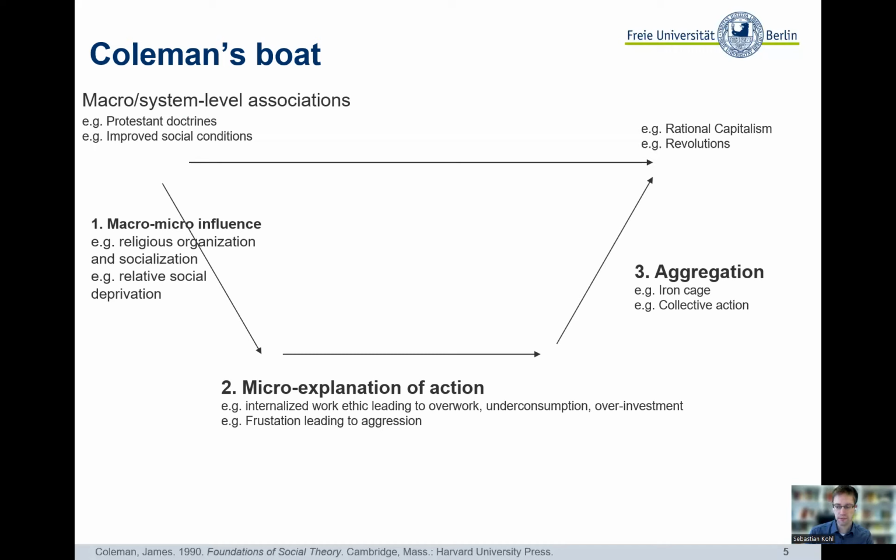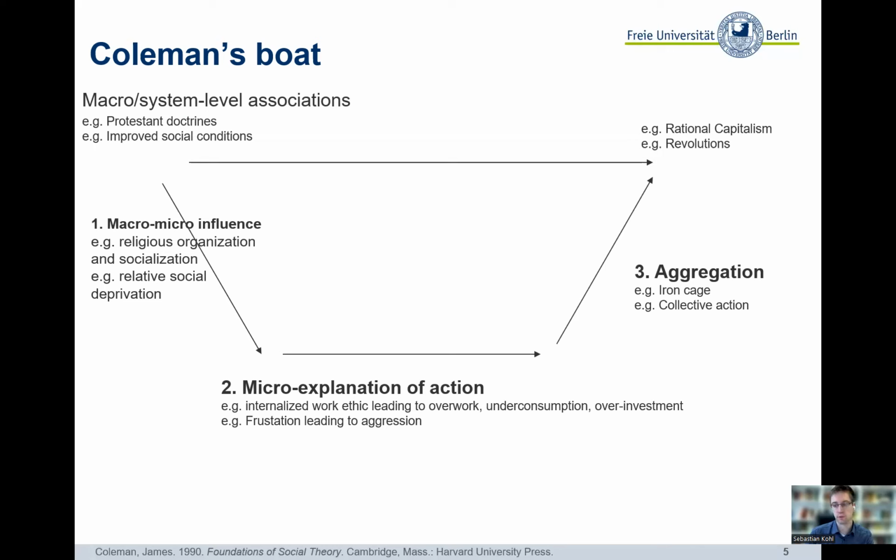And we saw in the Protestant ethic reconstruction that the iron cage, or competitive pressure, is part of the aggregation mechanism used there. And the second example here is the explanation of revolutions.